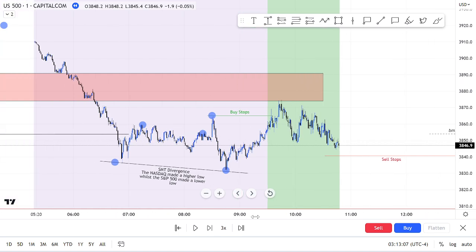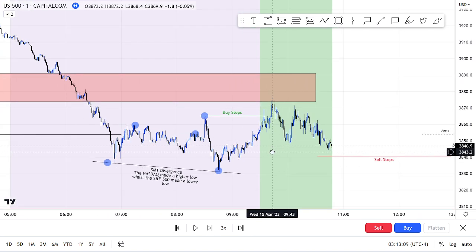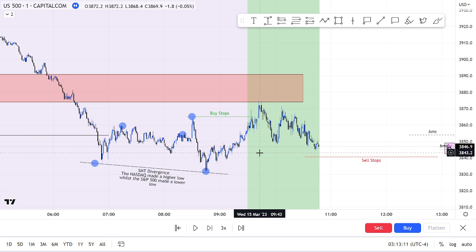I usually have a morning session like this at London. Well, not London, a New York session. Usually we have price moving a lot more, with a lot more displacement. Like it's moving strong. Right after we reach 9:30, it's either going straight up or straight down. It's not moving like this.